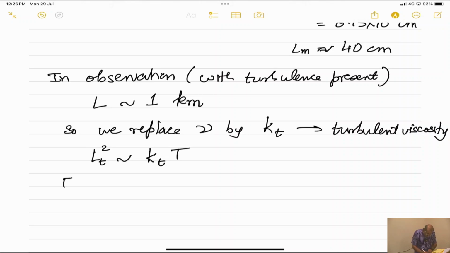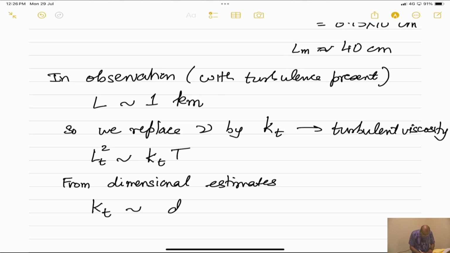Now from dimensional estimates, KT has the same dimensions as nu, which is meter square per second.